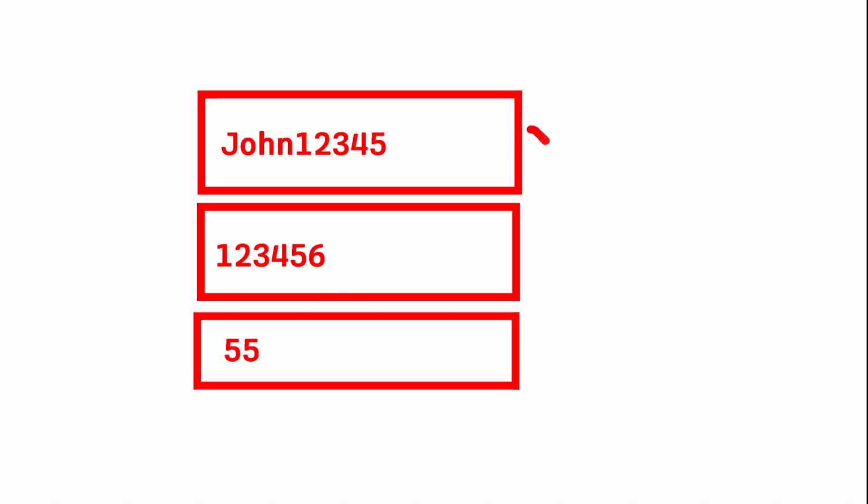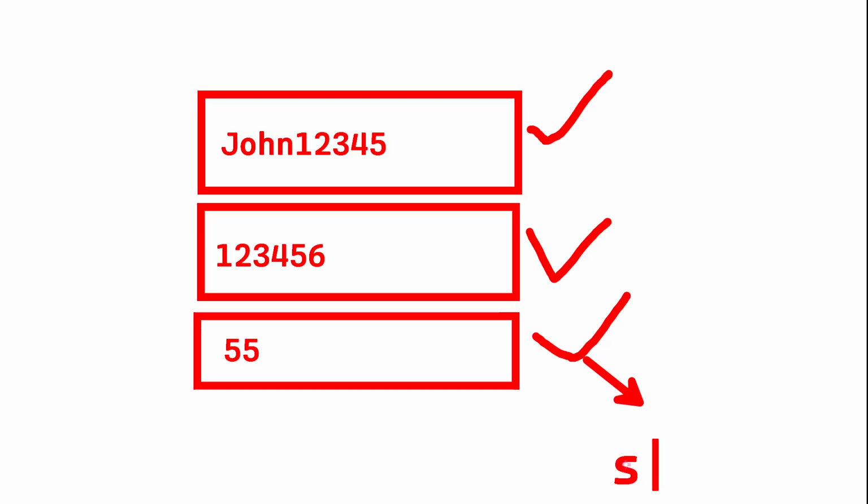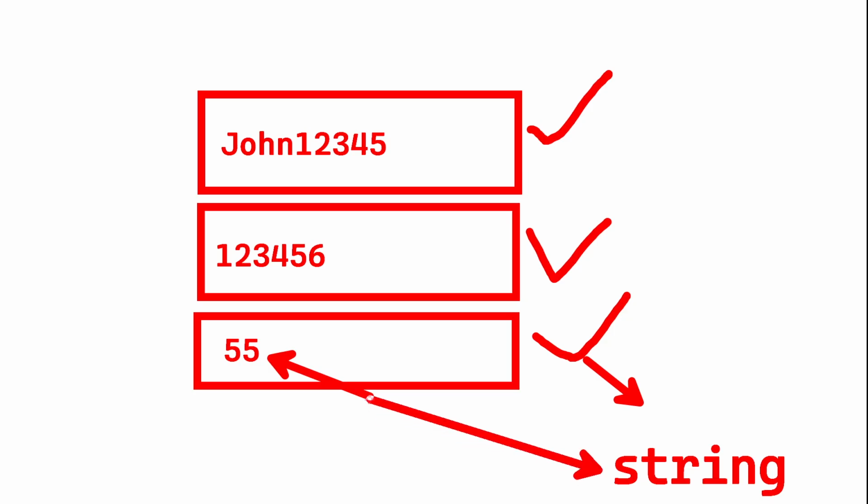Anytime you type something inside any of these boxes, by default it always returns a string. So whether you are typing only a number inside it, it will return it as a string for you. It's weird, right? 55 is a number, an integer, but when you submit the form, it will be returned as a string, right?